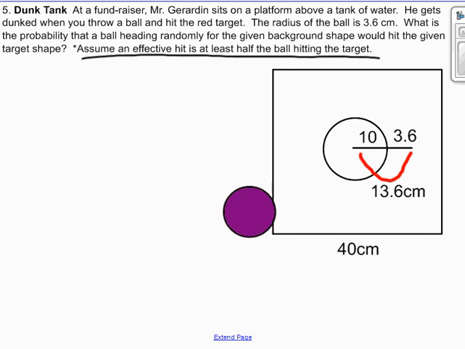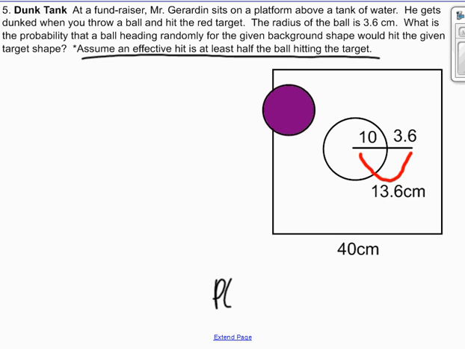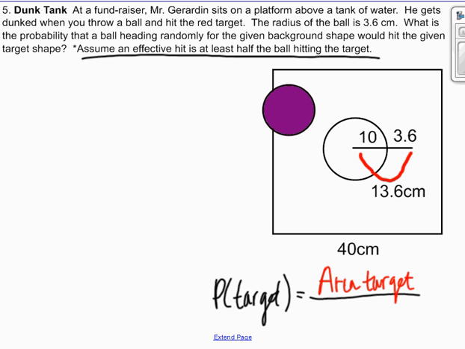Okay, so let's set up our problem here. We need to find the probability of hitting the target. When we write our formula, we need to find the area of the target. That's what we want. And then on the denominator, that's the total area.